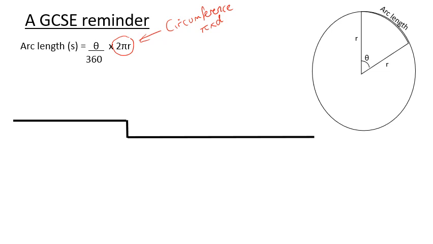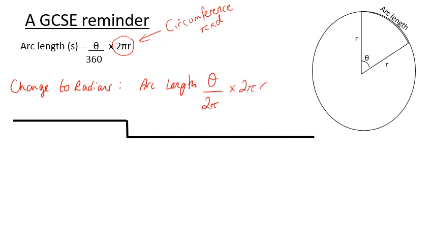But if we now change this into radians, the formula will change a little bit. If we're working in radians, then our angle, instead of dividing it by 360, we would divide it by 2 pi. Because remember, a full circle is 2 pi radians. And we'd multiply it by 2 pi r, that's our circumference.